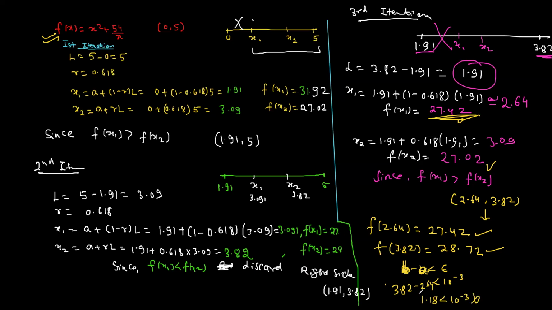But this is false. But in the question it is said to find only three iterations. Okay, so we will stop here. Understood up to here?